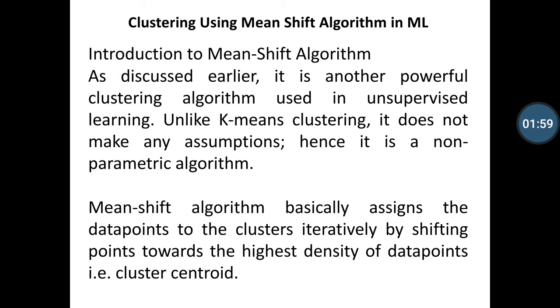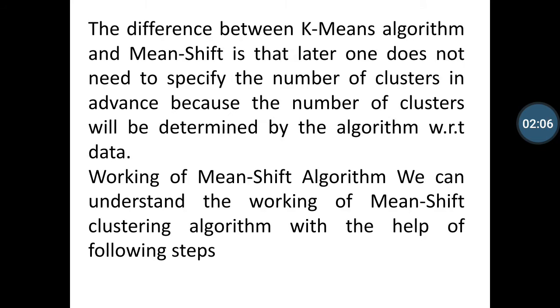So I am also describing the program. You can notice that the difference between the K-means algorithm and the mean shift algorithm is that the latter does not need the number of clusters to be specified in advance, because the number of clusters will be determined by the algorithm with respect to the data.